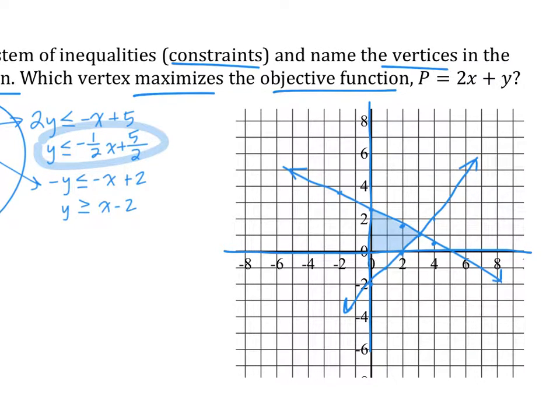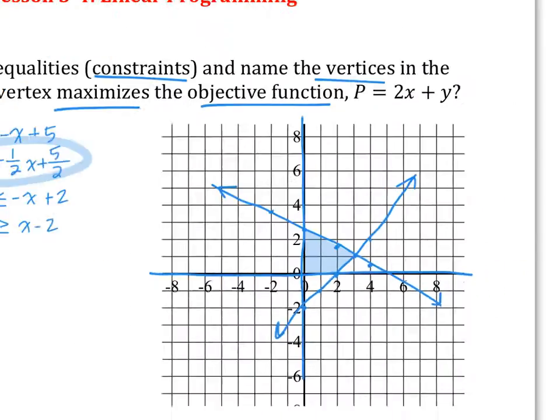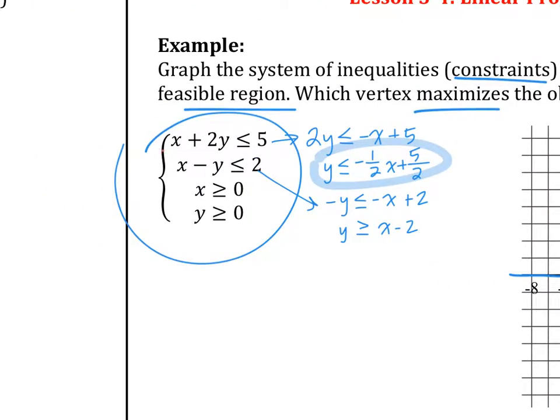Okay, now let's identify some vocab. This area that we shaded where it fits every single constraint. Let's talk about constraint. These inequalities are called constraints. So constraints, you know, like if you put a leash on a dog, we call that a constraint, right?